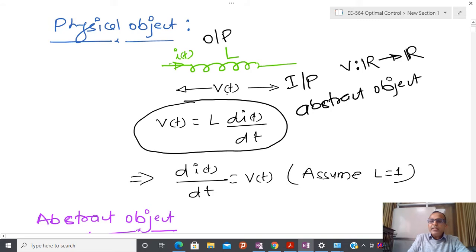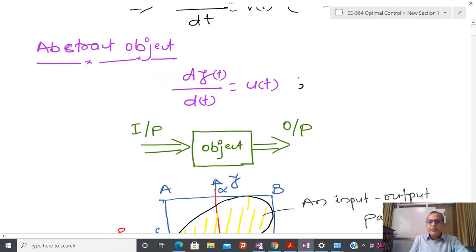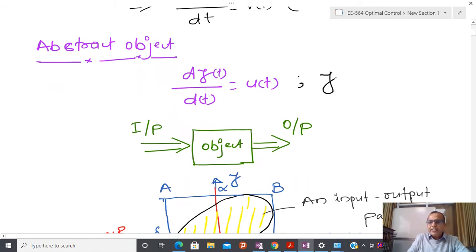So v(t) represents some real valued function, and similarly i(t) also does the same kind of thing. They map to real numbers, and since time is associated, you can also assume that time is positive. If you generalize this, then we get this kind of expression: y(t) belongs to the real numbers and u(t) belongs to the real numbers. So I have an object, I have input, and I have a certain kind of output.